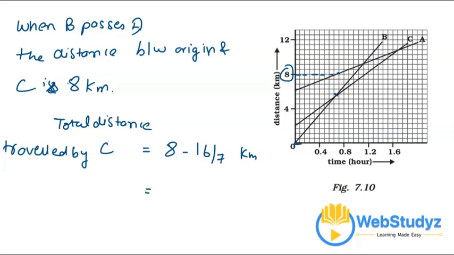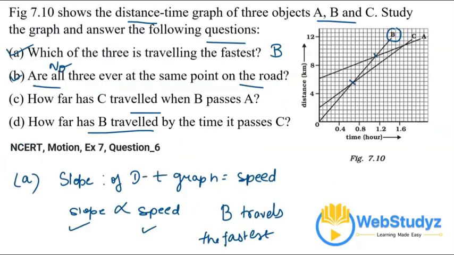That equals 5.71 kilometers. So this question is done. So C has traveled 5.71 kilometers when B passes A. Now D. How far has B traveled by the time it passes C?